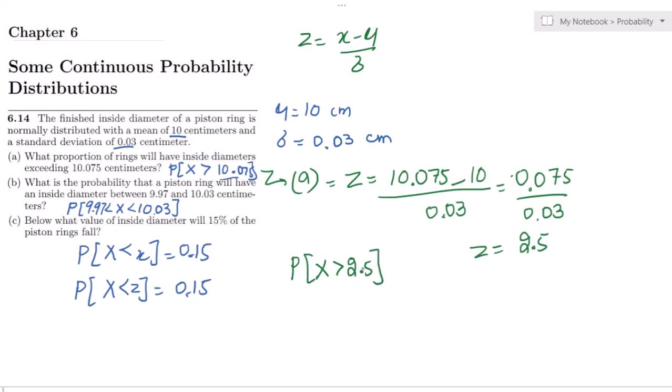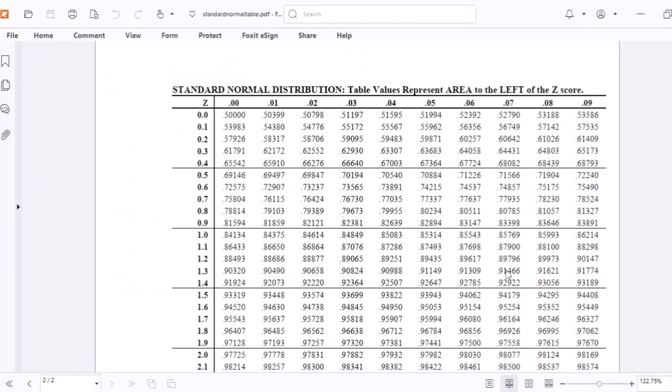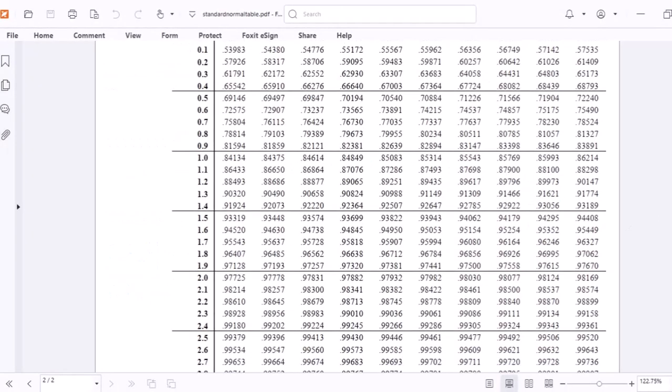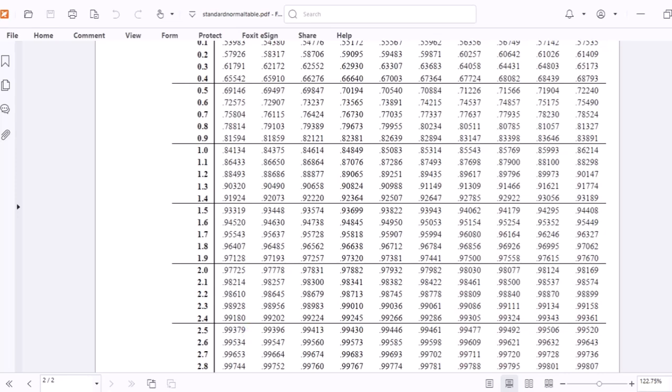As we know, the z distribution table is not made in terms of this formulation, so first we have to find the probability that z is less than 2.5 and then subtract it from 1 to get our answer. In the z distribution table, for 2.5 the answer is 0.9938.